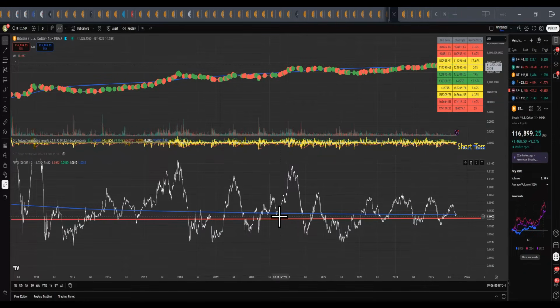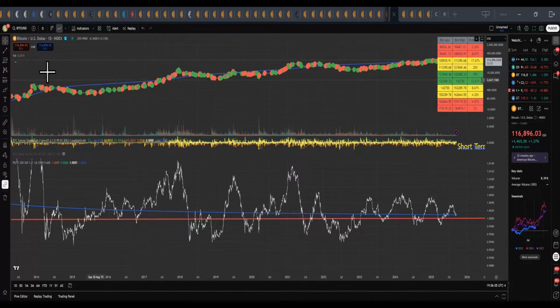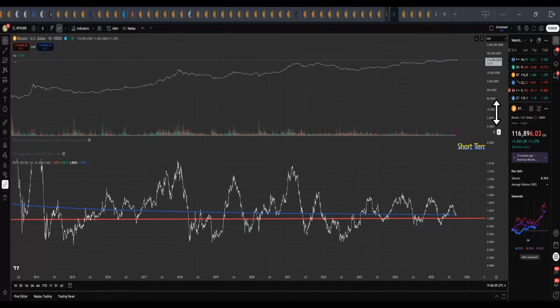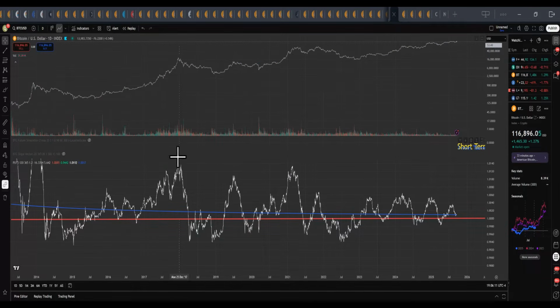This never happened before, because usually when we are close to, let me turn this off for now so you can see better. You see here it peaks, and here is where the bottoms are. Here the bottom, here the bottom.